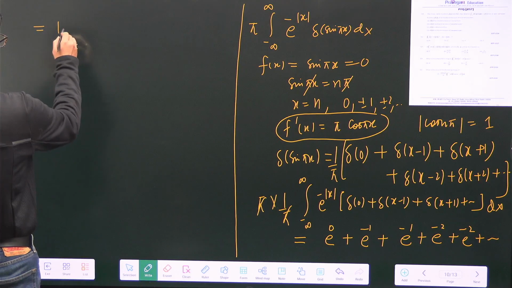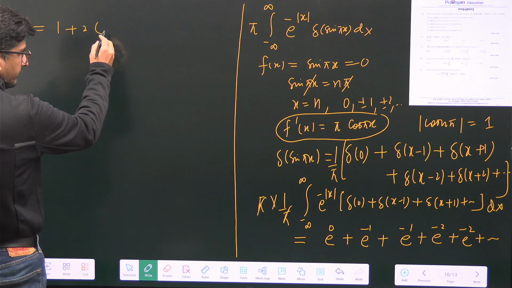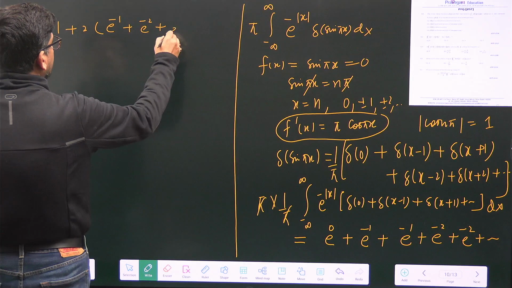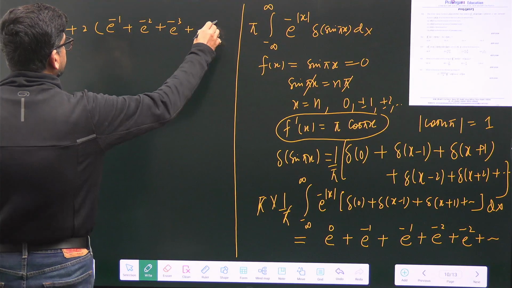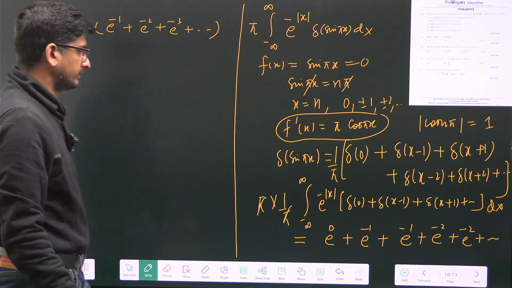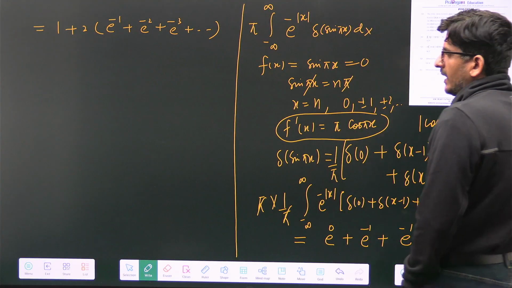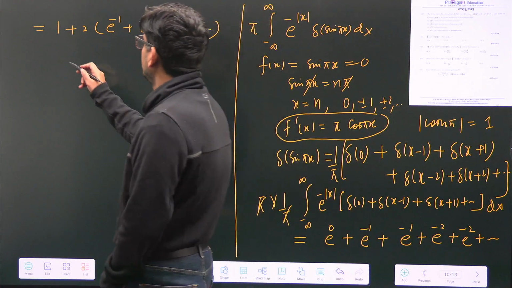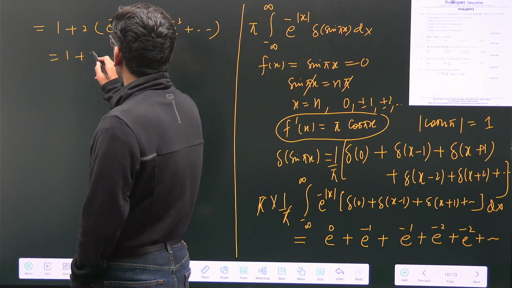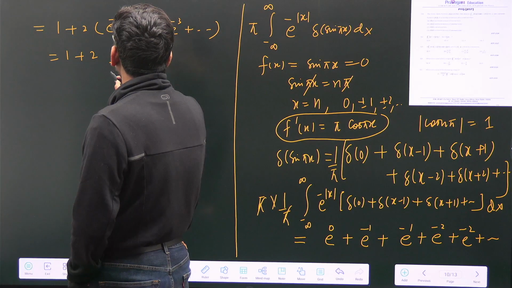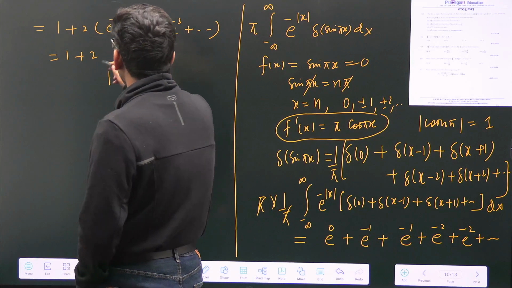The first term is 1 plus 2 times, it will become like this. And it is 1 plus 2 times the first term upon 1 minus the common ratio.